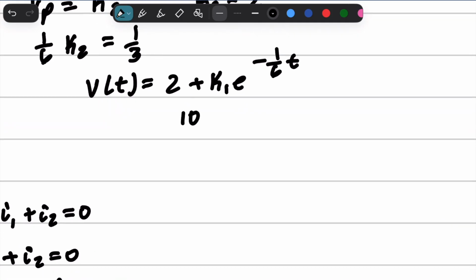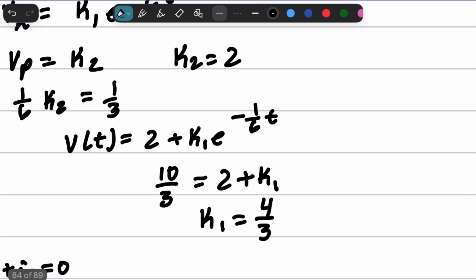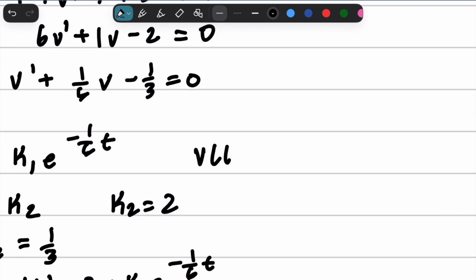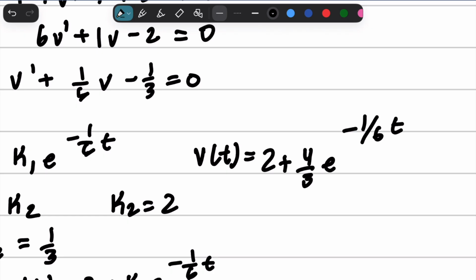Our initial condition was 10 thirds. It's equal to 2 plus K1 e to the 0, which is K1 equals 10 over 3 minus 6 over 3, which is just going to be 4 thirds. And so our V of t is equal to 2 plus 4 thirds e to the negative 1/6 t.